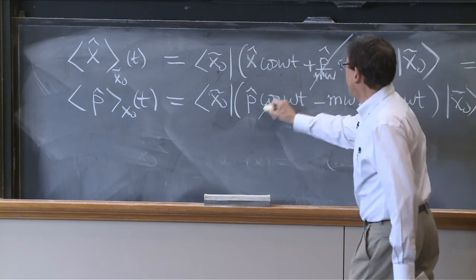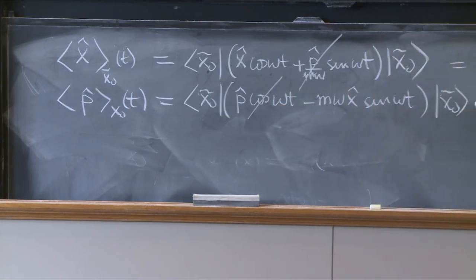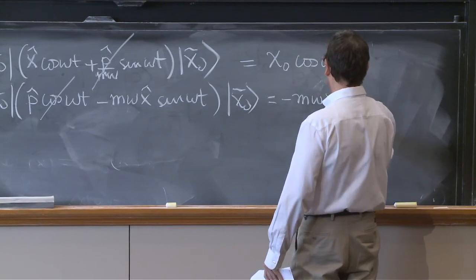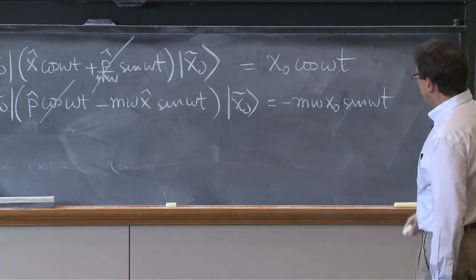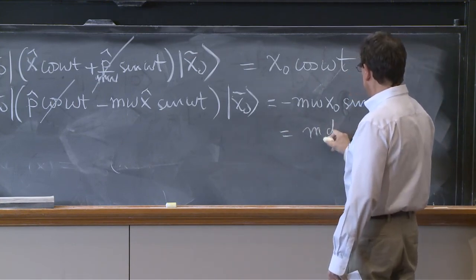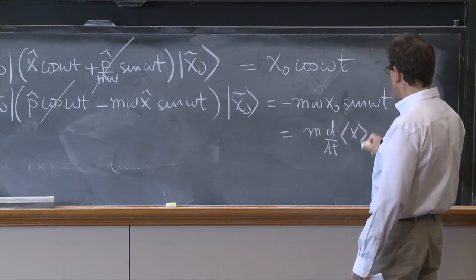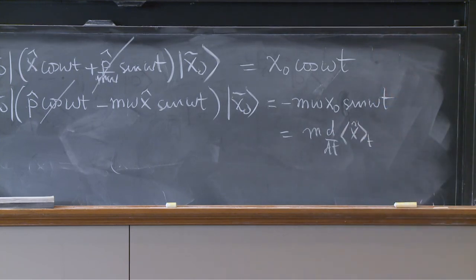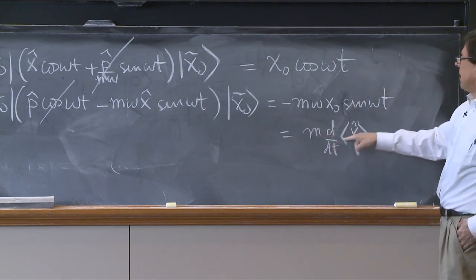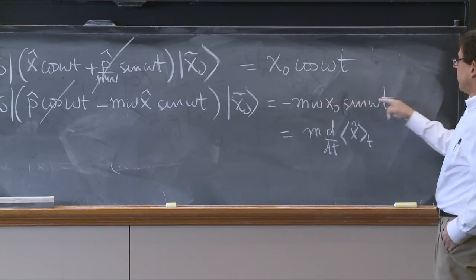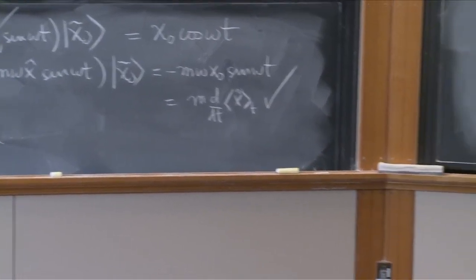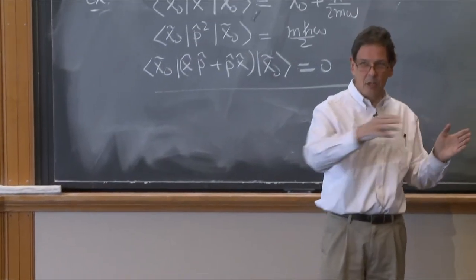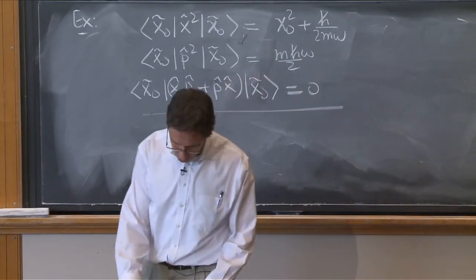And this is 0, but x has x0 there, so minus m omega x0 sine of omega t, which is equal to m ddt of the expectation value of x. Here it is, the expectation value of x. M ddt of that is minus m omega x0 sine omega t. That's what it should be. And this thing is really oscillating classically. Not only the x position, but the momentum is doing that.